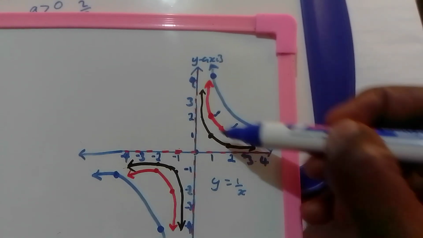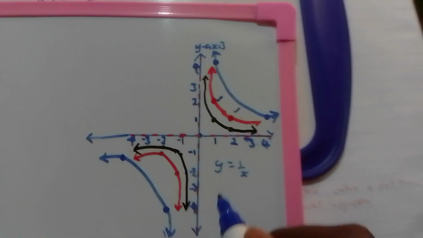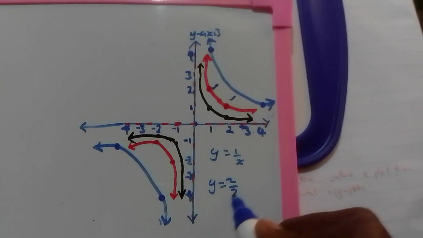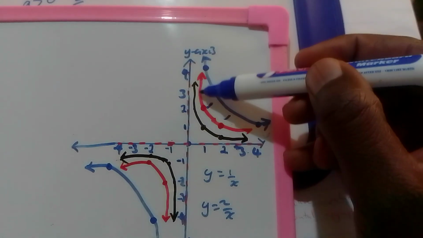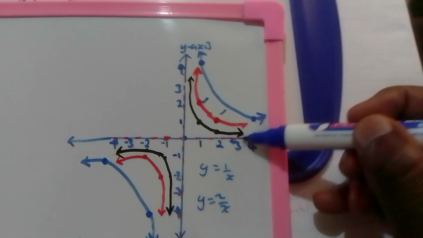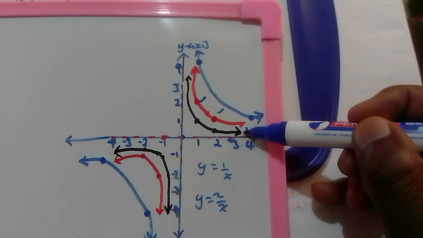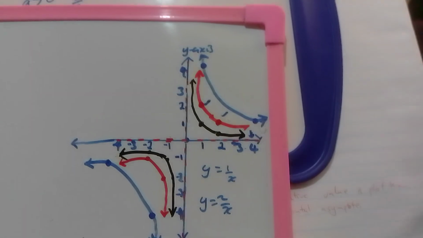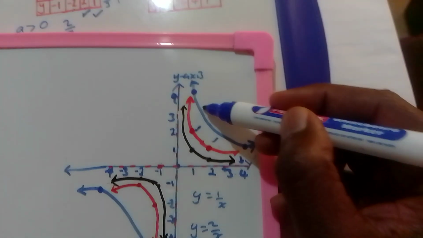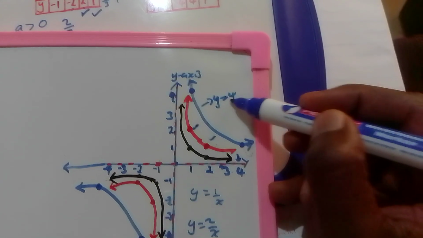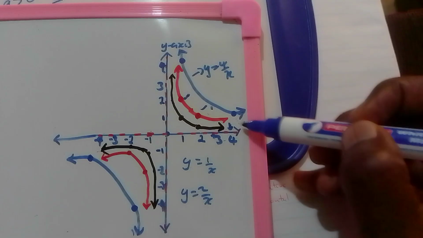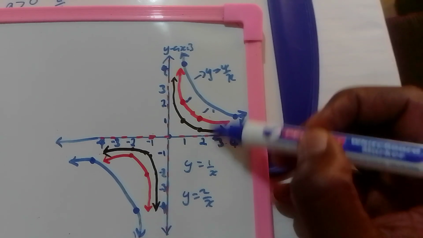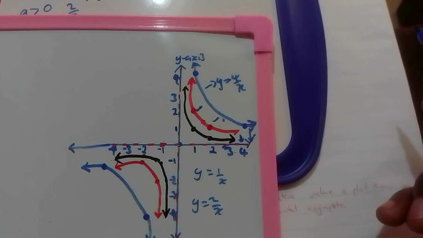The red graph here, it is what? The graph of y equals 2 over x. And if I compare these two, you can see that this is further away from the x-axis. It's far away compared to the black graph, right? And when I get to this graph, which is y equals 4 over x, you can see that it is further away than any of these previous two graphs, right?